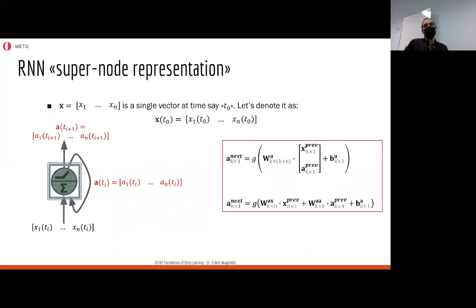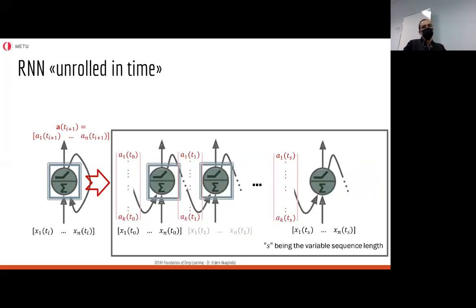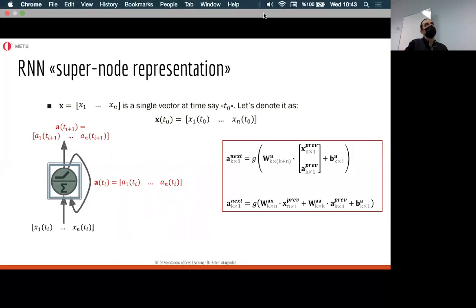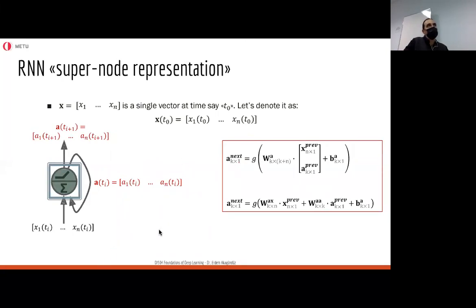Before getting to the slide where I unroll it, look at this. At a time instant, I'm feeding this X. Let me get my pen. At a time instant, I feed X_ti. Let's say this is the vector, this is X_ti.